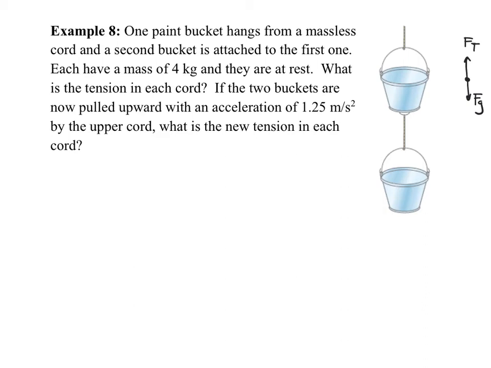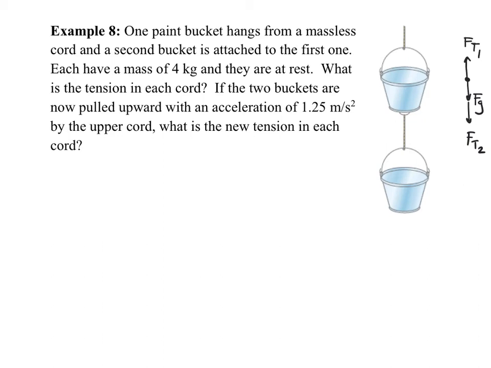So what should we call that actually? Yeah, another tension. Should we call them the same? Do you think they're going to be the same value? No. The upper rope supports both masses, right? The lower rope only supports the bottom mass. So we should subscript our tensions, FT1 and FT2.